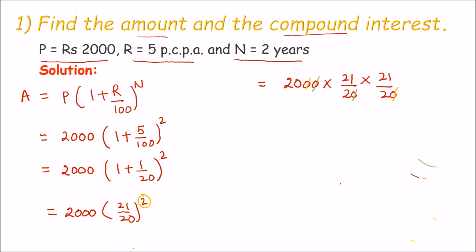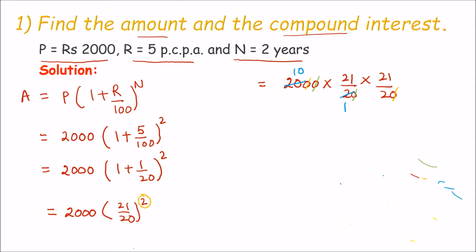Now we will cancel this 2 and this 20. You can see 2 and 20 come in the same table, so we'll cancel by 2. If you cancel by 2, you'll get 2 ones are 2 and 2 tens are 20.